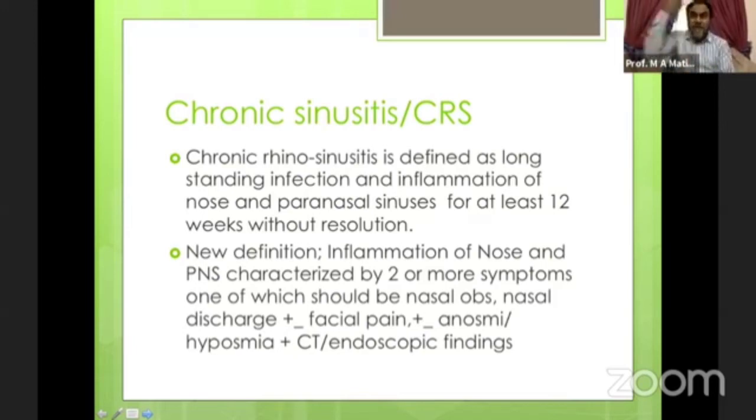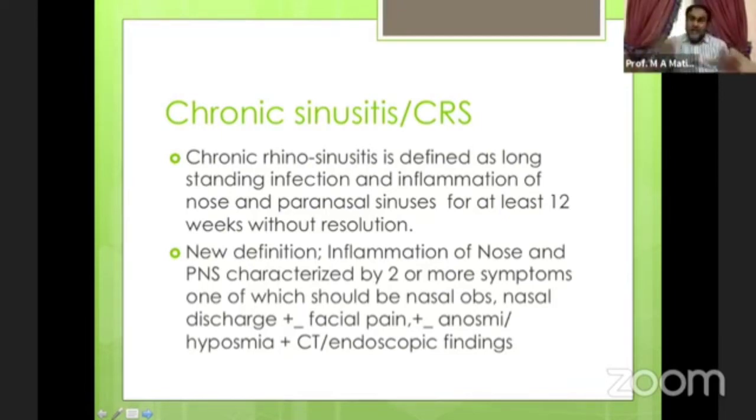In acute rhinosinusitis these are associated with temperature, high fever. And there are some other associated symptoms like facial pain or facial pressure, headache, halitosis, and some referred pain from the sinus, for example referred pain to the ear. With the maxillary sinuses, there is dental pain. So these are all the associated features. If it's acute infection or inflammation for up to 4 weeks with temperature, it is acute.